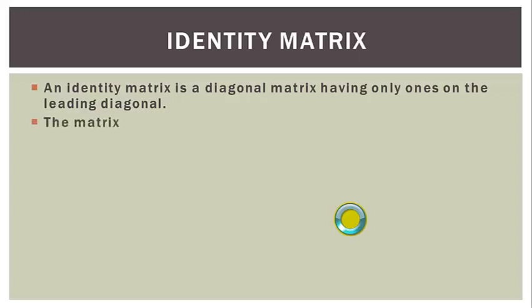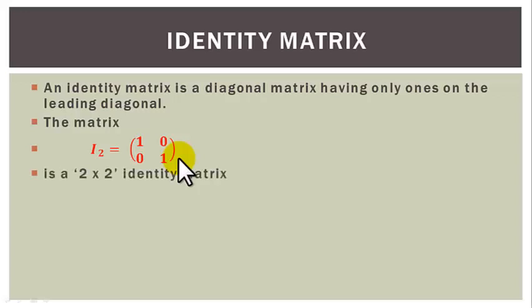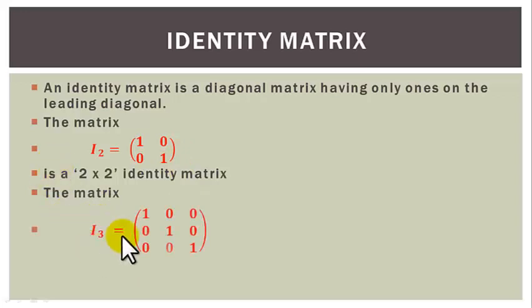The matrix denoted by I2 equals [1 0; 0 1] is a 2 by 2 identity matrix, while the matrix denoted by I3 equals [1 0 0; 0 1 0; 0 0 1] is a 3 by 3 identity matrix.